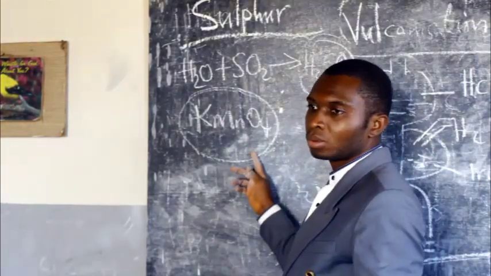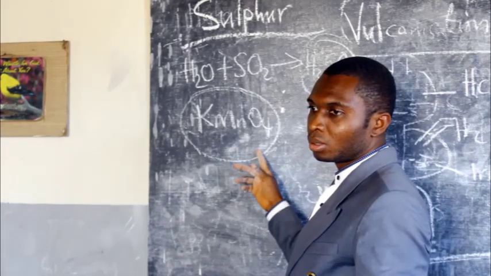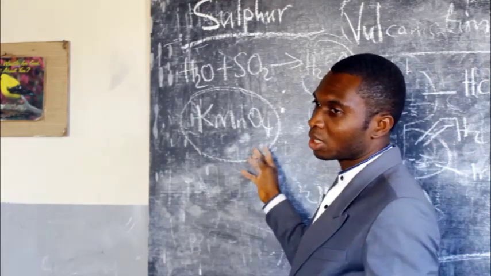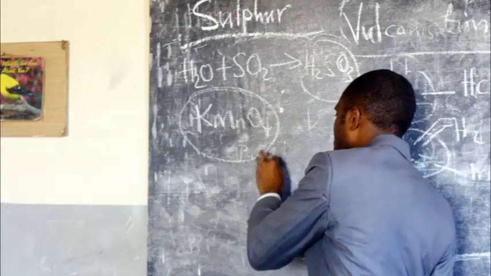This is purple in color. When it is reduced, or when it oxidizes a substance, it will change to colorless. From purple to what?